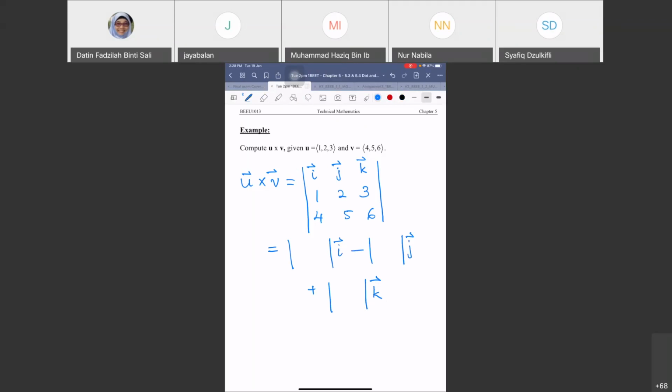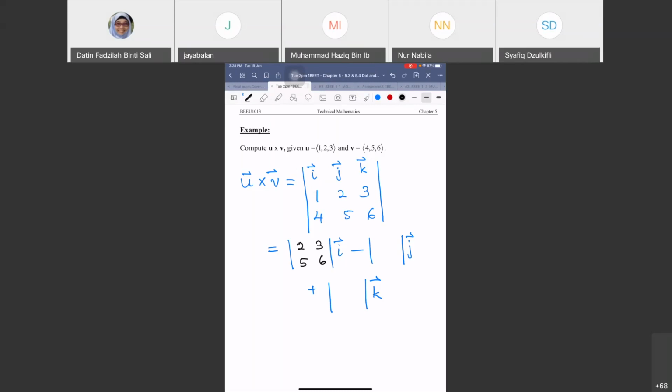For the first one, the component for vector i, the minor would be, you delete your i column. If you delete your i column, you are left with 2, 3, 5, 6.